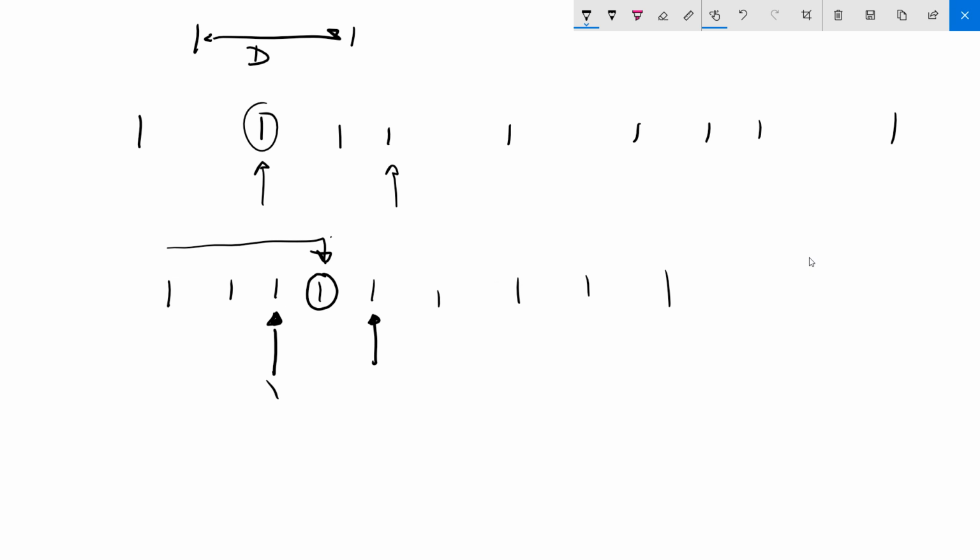And so I can certainly make it to that spot, and then I can just pick up with the other optimal solution. So I've replaced two stops here in the optimal solution with two stops up here. So if the first one was optimal, the second one's optimal as well. It's got the same number of stops, and it uses the greedy choice. So I've transformed the first solution into one that contains the greedy choice.